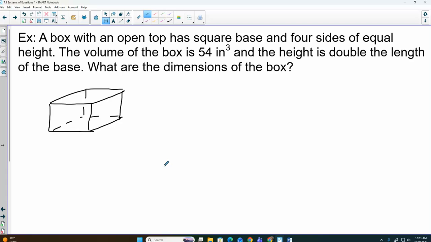I have a square base. So that means on the bottom, the sides are the same.